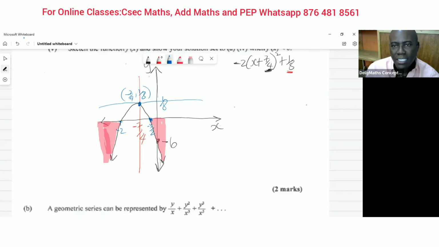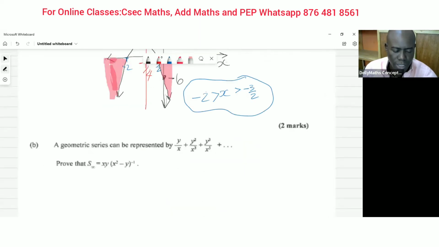We could say it's less than 0 where x is greater than -3/2, but going that way, it's less than -2. So this is our solution.